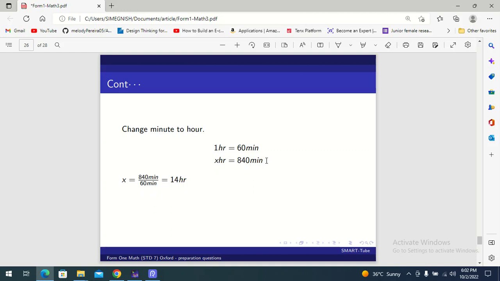You just divide this by 60, and you'll get 14 hours.